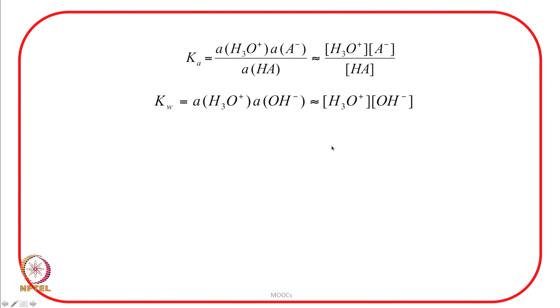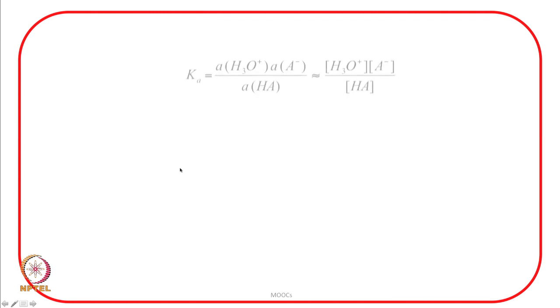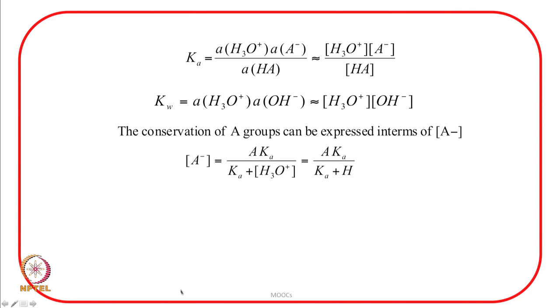Remember that if I go to one of the previous slides, I was writing HA plus A minus is equal to A. So, by using these equations, I can get an expression for A minus in terms of the acidity constant, and in place of hydronium ion concentration, allow me to write only H. H means the hydronium ion concentration.